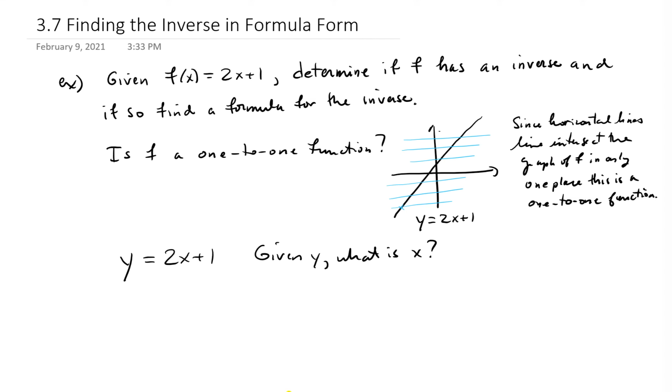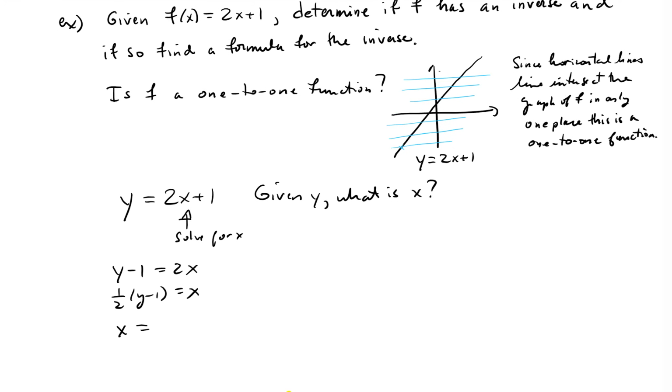In other words, to find the inverse function, solve for x. So we're going to subtract 1 and divide by 2. And usually I'd like to have my x on the other side, so I'm going to flip things around. And that gives me x as a function of y.